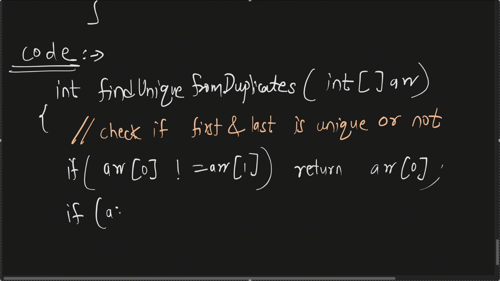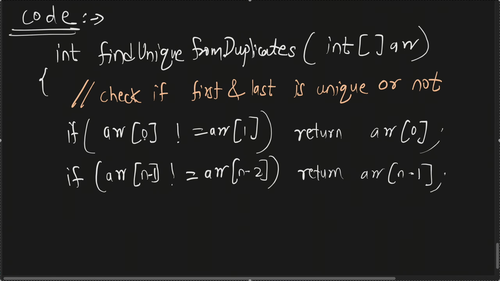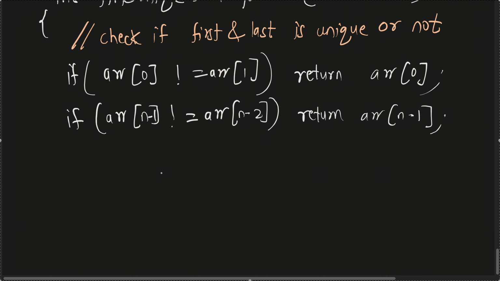Now for the last element, if array of n minus 1 is not equal to array of n minus 2, then we simply return array of n minus 1, because the last element is the unique element, right?